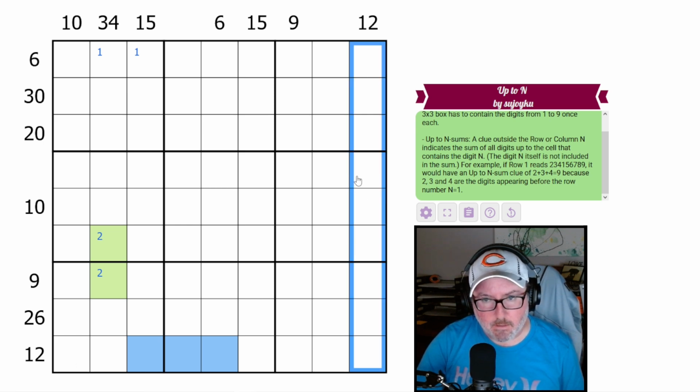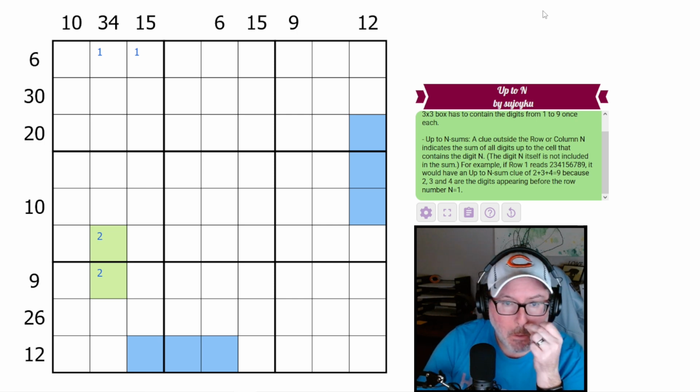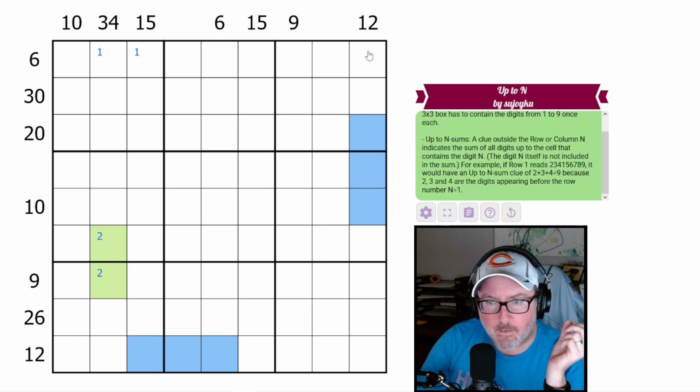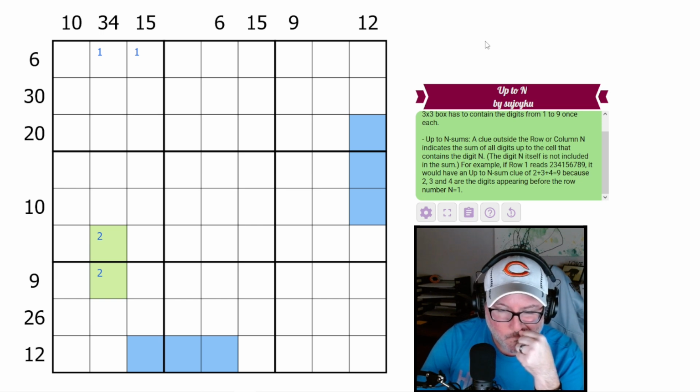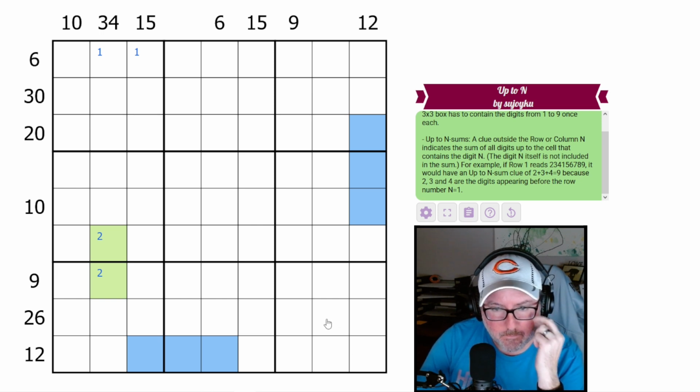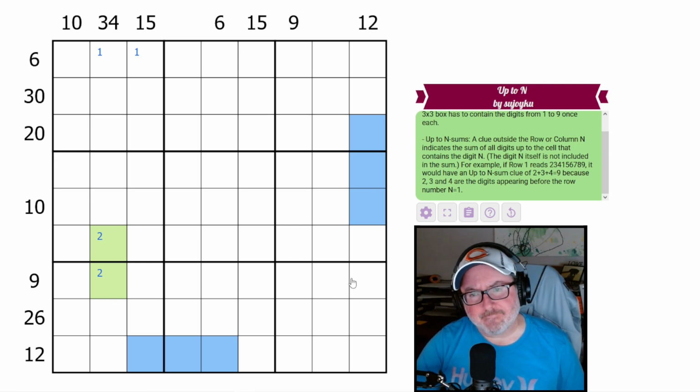Similarly, going this way, we would have the 9s being in one of these locations. Again, we either have 2 digits that add to 12, 3 digits, or 4 digits that do so. But I don't see how that's really giving us much information.